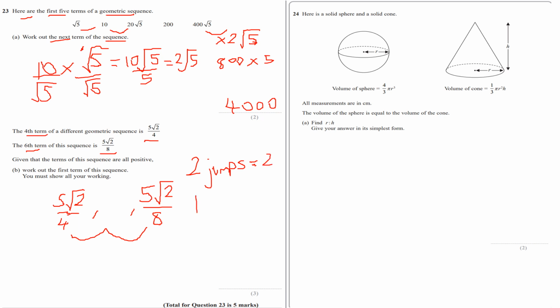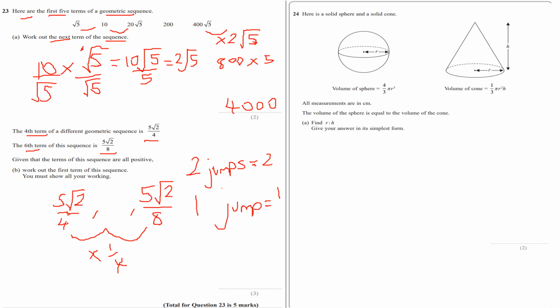So 1 jump, okay, will equal 1. Okay, so it will equal 1 of that. Okay, so essentially I'm multiplying it by a quarter each time. Okay, so not a half, a half of a half. Okay, because from this to this I times it by a half, but I want half of a half, so I times it by a quarter.